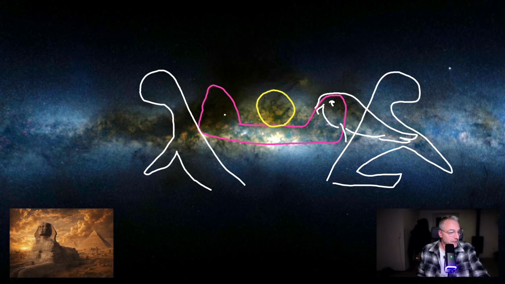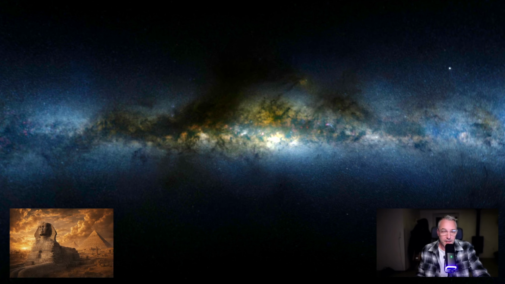Okay, let's get on here. The Milky Way center also plays the role as the grave chamber and graveyard where all the mummies are buried. And this is visualized by the stripes and the stripe shadow. So let me illustrate here.